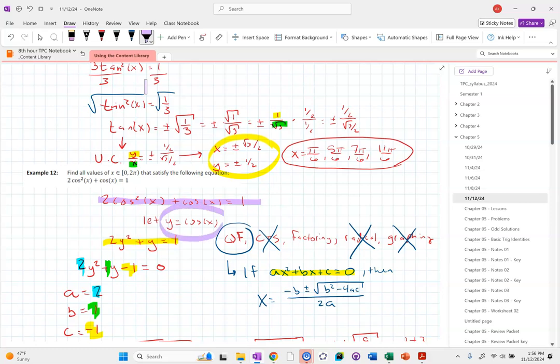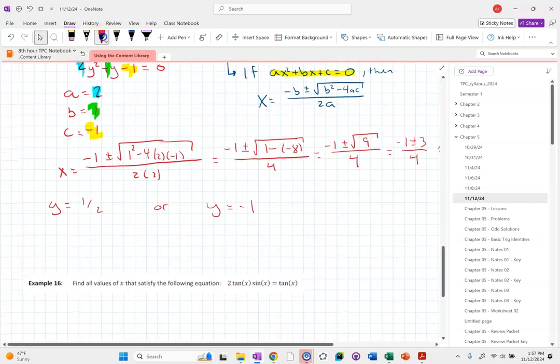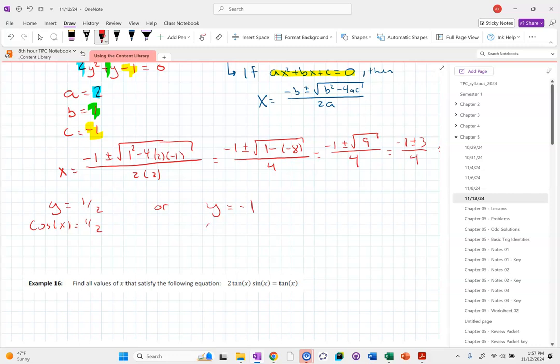Remember we said that y was cosine x? So we've got to go back here and replace these y's with cosine x, right?